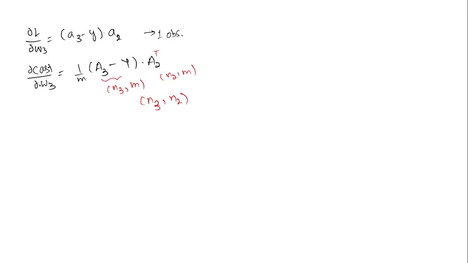And if you see, the dimension of del cost by del w3 should be the dimension of w3, because we are going to subtract this term from w3, and we know that the dimension of w3 was nothing but n3 comma n2. So this we can finally write as our equation for del cost by del w3. Similarly, we can find del L by del b3 and then combine it to get del cost by del b3.